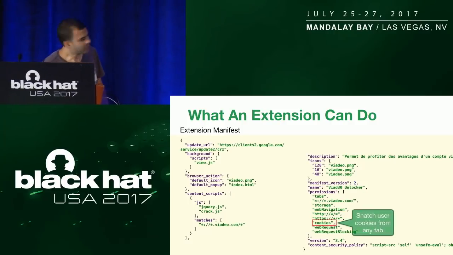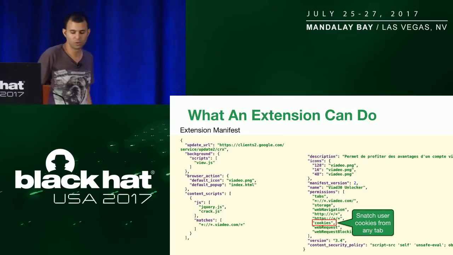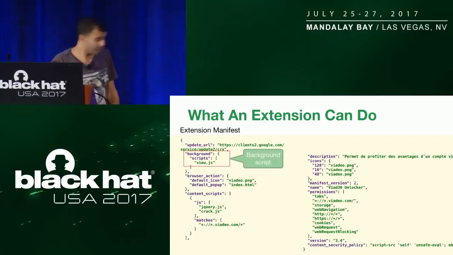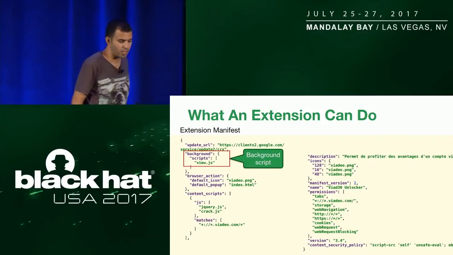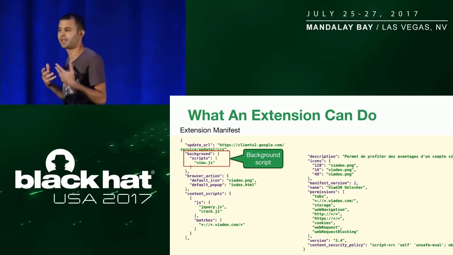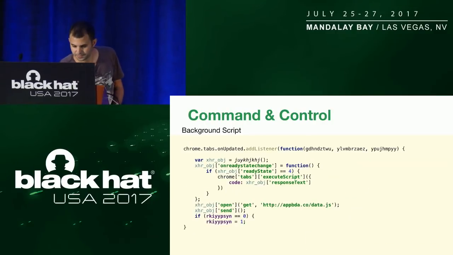What else? We have access to all user cookies in all tabs, which, by the way, includes HTTP-only cookies. The next thing we see is that the extension has a background script. A background script runs in the background once the extension is installed. And let's have a look at that script.